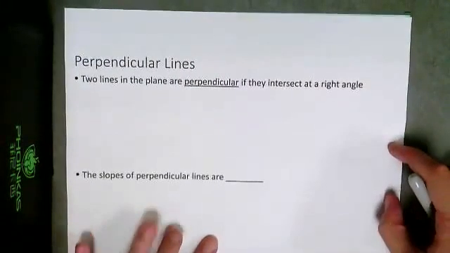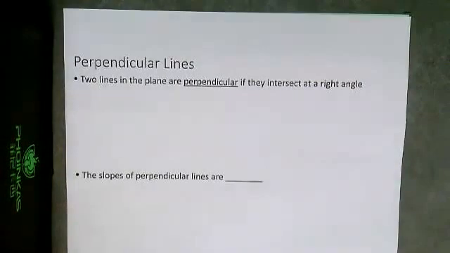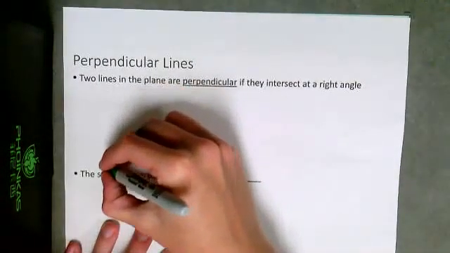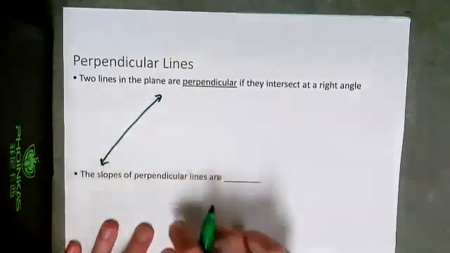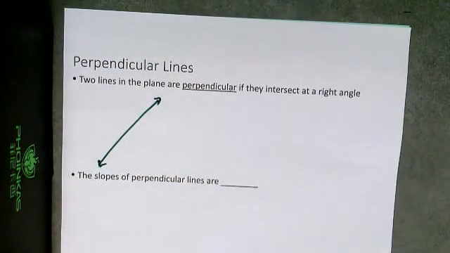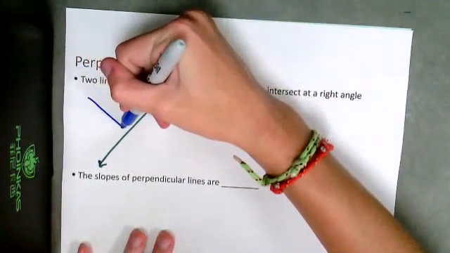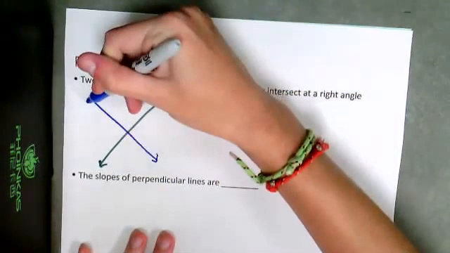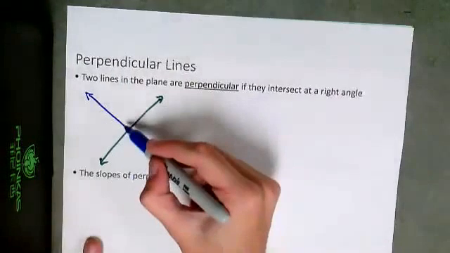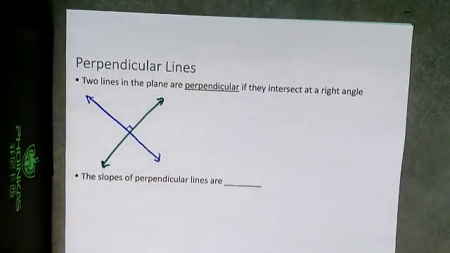So let's move on to, again, another rotation of, not really 90 degrees, but perpendicular lines. Two lines are perpendicular if they intersect at a right angle. So if we have, say, one line, and where's my other marker? Two lines. They intersect at a 90-degree right angle.